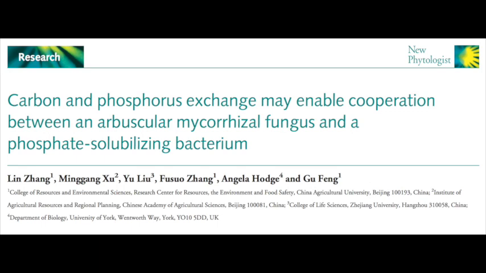So trading carbon for phosphate in a very tightly coupled way. So it's not AM fungi by themselves, but maybe in cooperation with other decomposers. And the AM fungi may actually be stimulating the growth of those other decomposers by providing a pathway for plant carbon into the soil matrix.